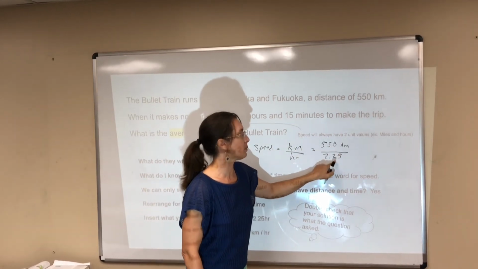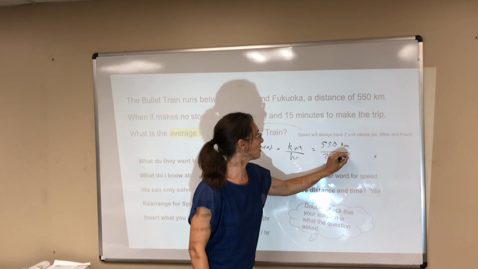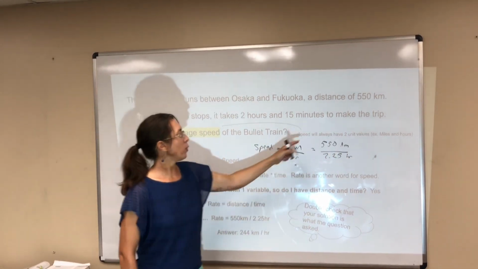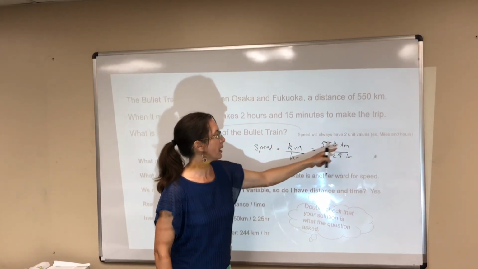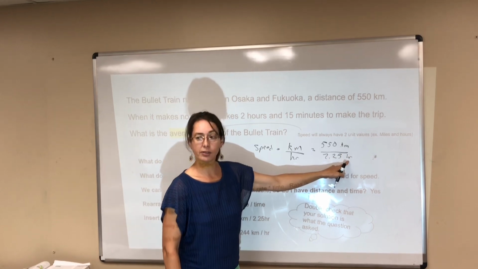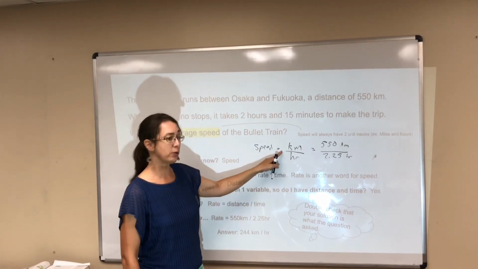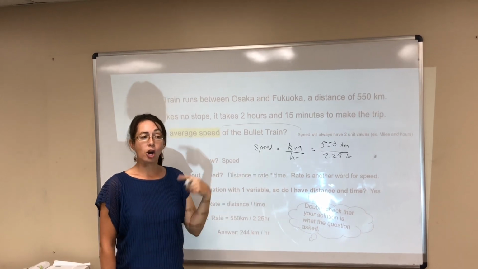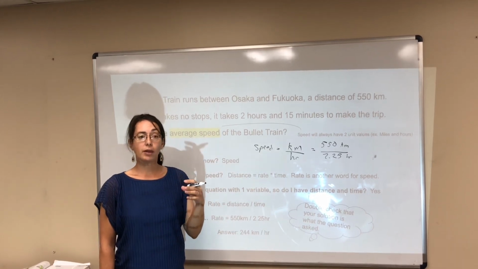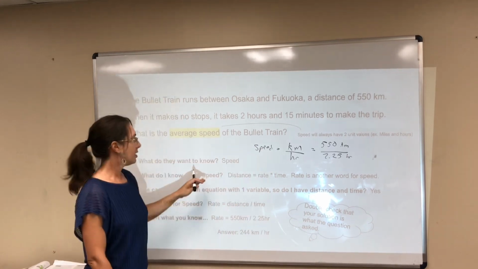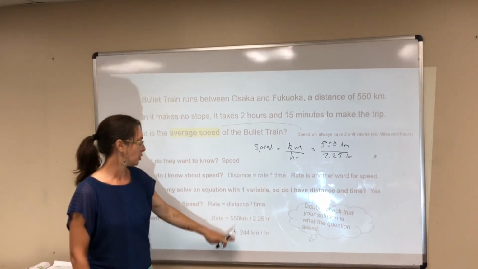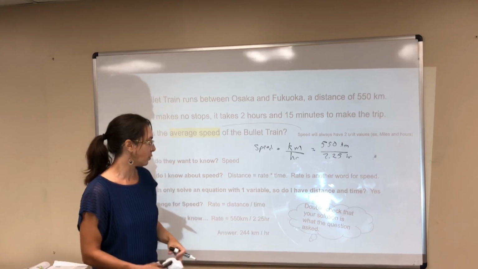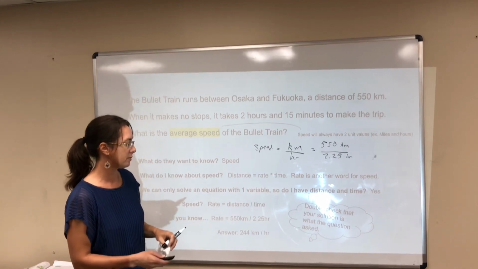See, this is why it was important to go ahead and change that. When I reduce this, do I get kilometers per hour? Yes. I'm looking for kilometers per hour. That's speed. So our units can always help us know that we actually solved for the right thing. Okay, so 550 divided by 2.25 is 244 kilometers per hour.